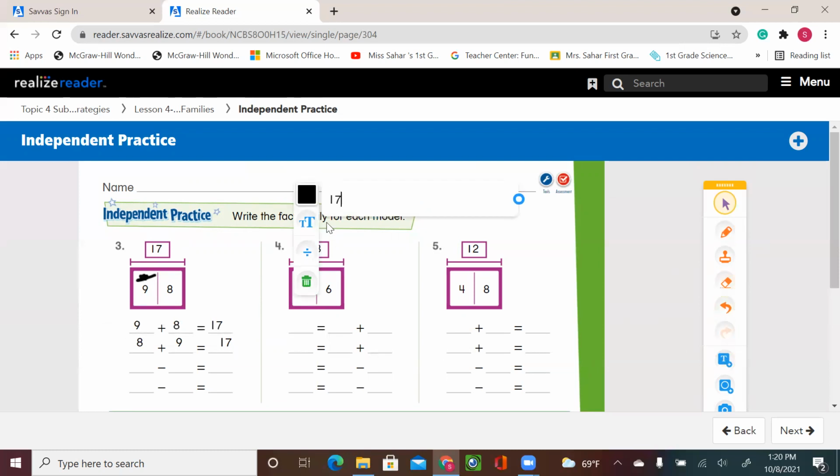So 17 take away 8 equals 9. Now I'm going to hide the 9, and I hide the 8 and get the 9. So let's do this. 17 take away 9 equals 8.